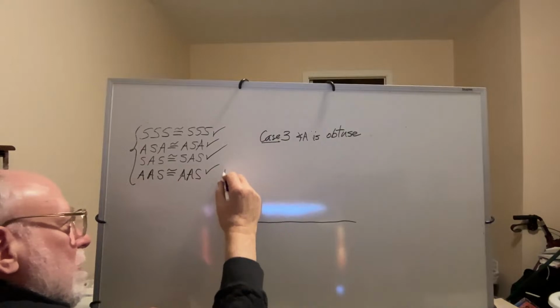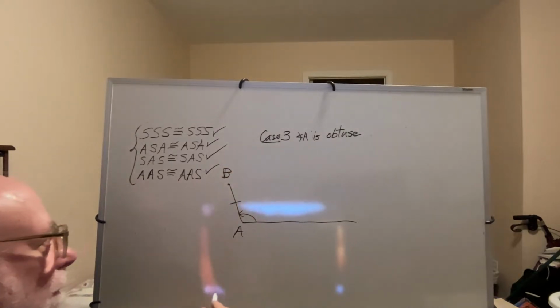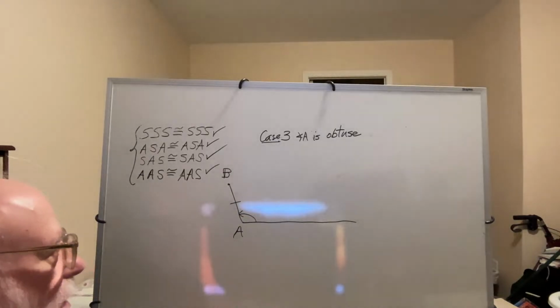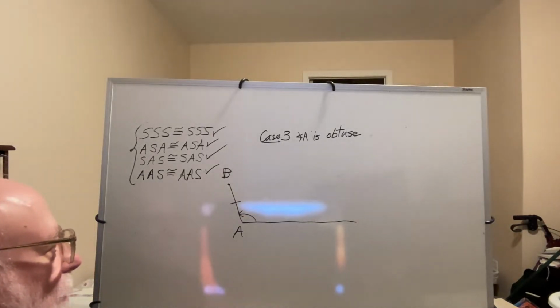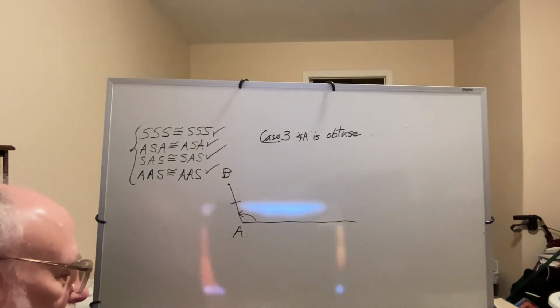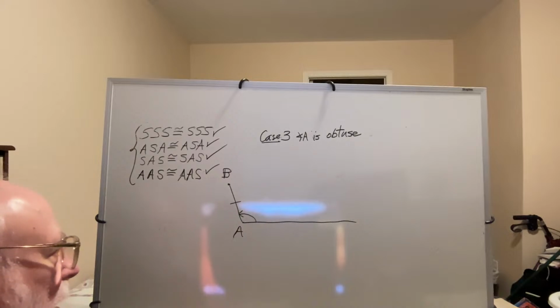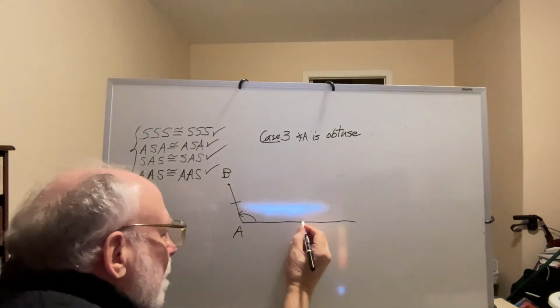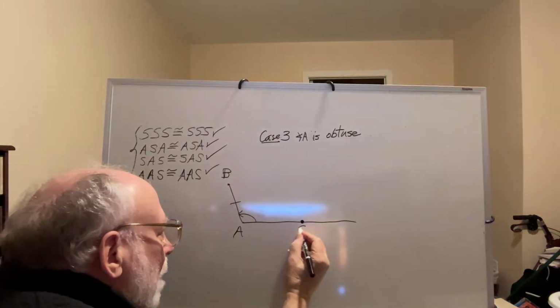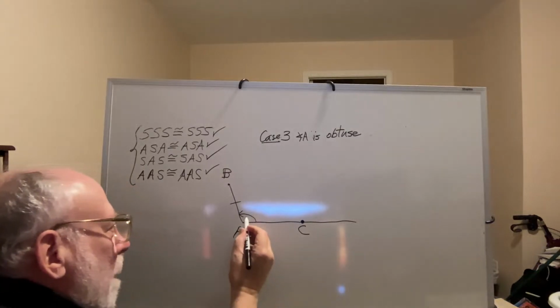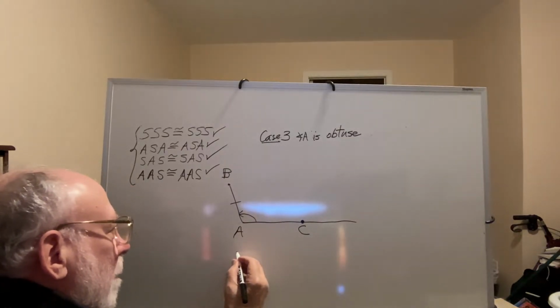Now, this is going to be vertex B. So what we want to establish is where is C going to be located? Well, C is going to be over here somewhere. How do I know that?